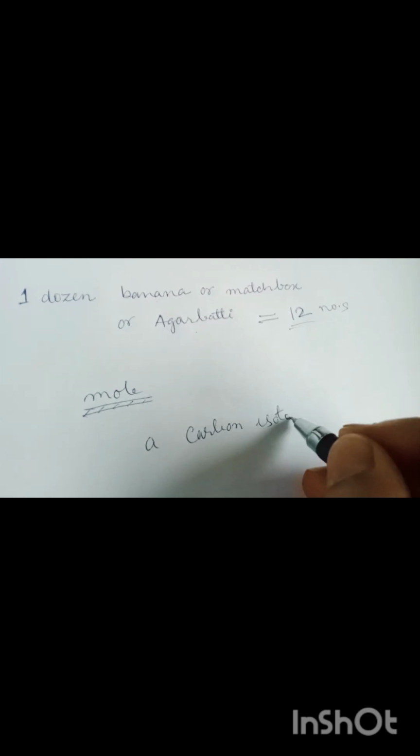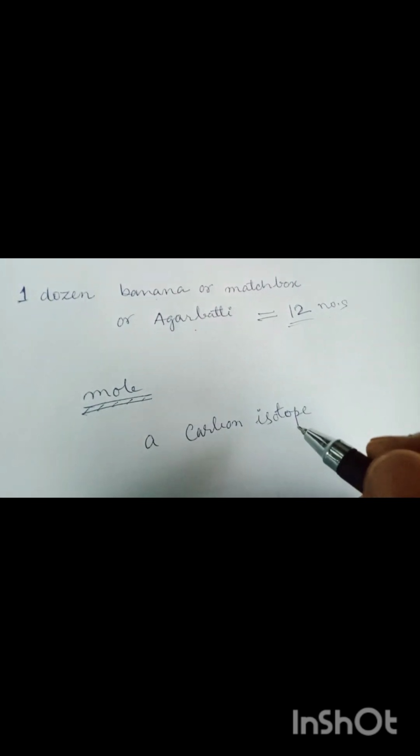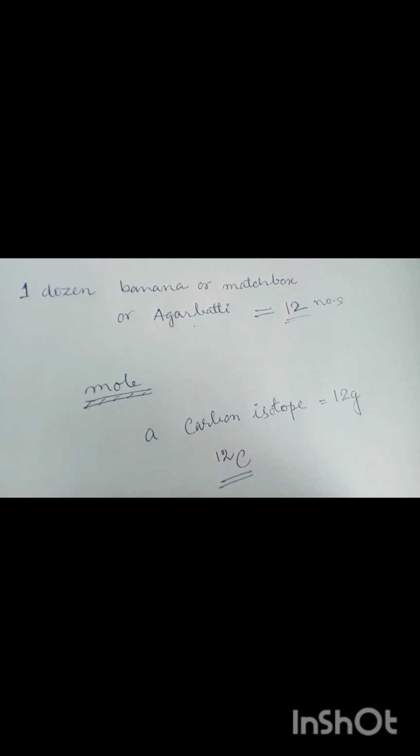So let us consider a carbon isotope which has a mass of 12 gram. Okay, so we call it 12 gram of C12 isotope.